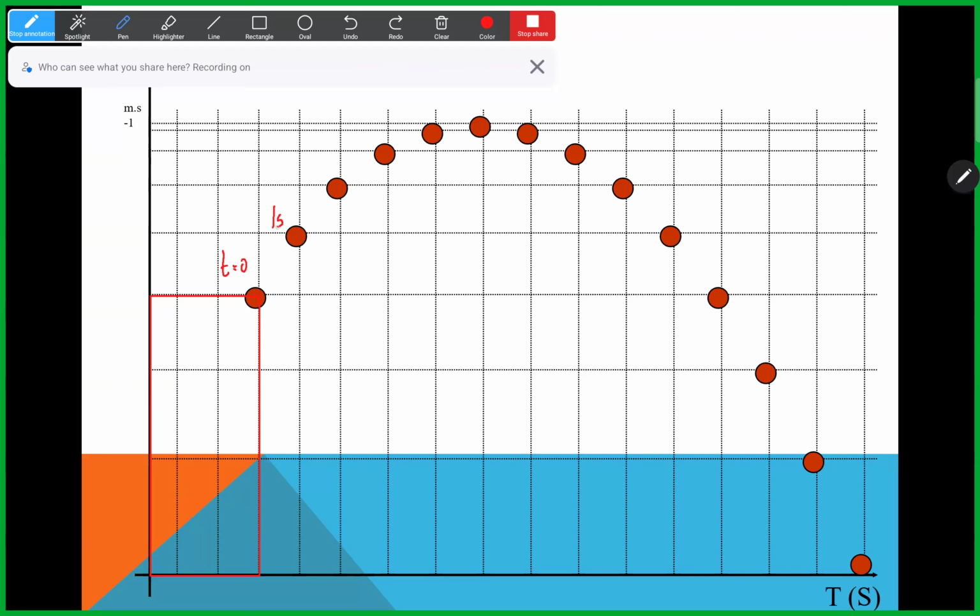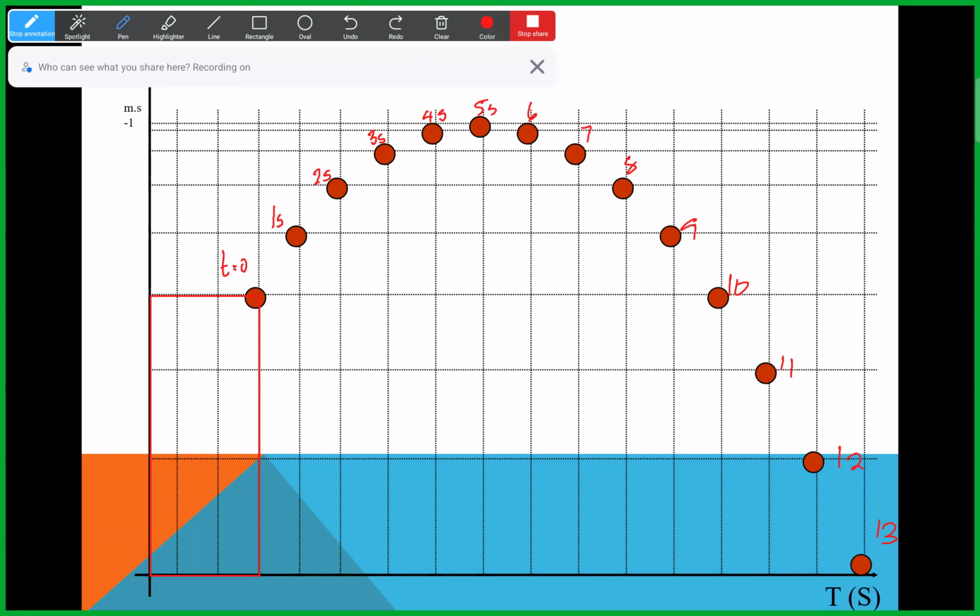That's 1 second, 2 seconds, 3 seconds, 4 seconds, 5 seconds. Again, same 13 seconds. But now we're not looking at how high or how far it goes with respect to its starting position. We're looking at the exact velocity of the object.